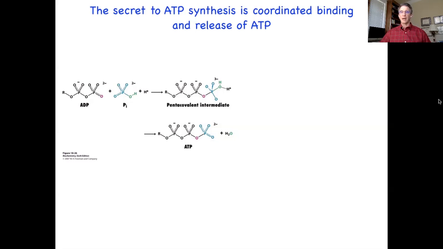Getting a p-loop NTPase to bind this transition state and stabilize it, that's not a hard thing to do. That's what an enzyme catalyst is going to do: recognize the structure, orientation, charge distribution, shape, whatever, bind this transition state really well and drop that free energy barrier.